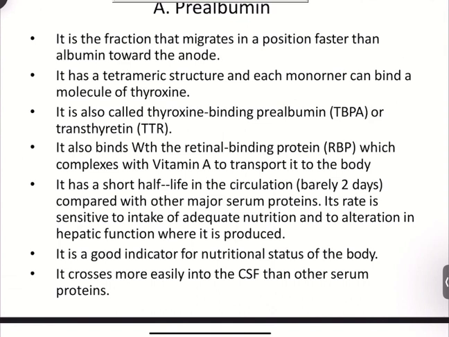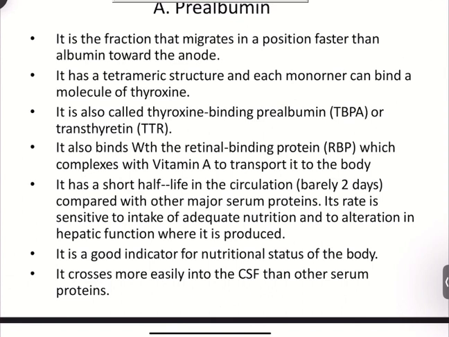It is also called thyroxine binding pre-albumin, TBPA, or transthyretin. Your pre-albumin also binds with the retinol binding protein, which complexes with vitamin A to transport it in the body.